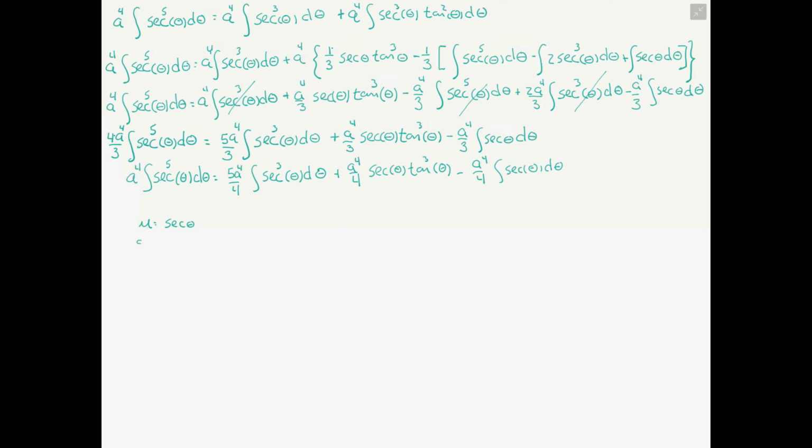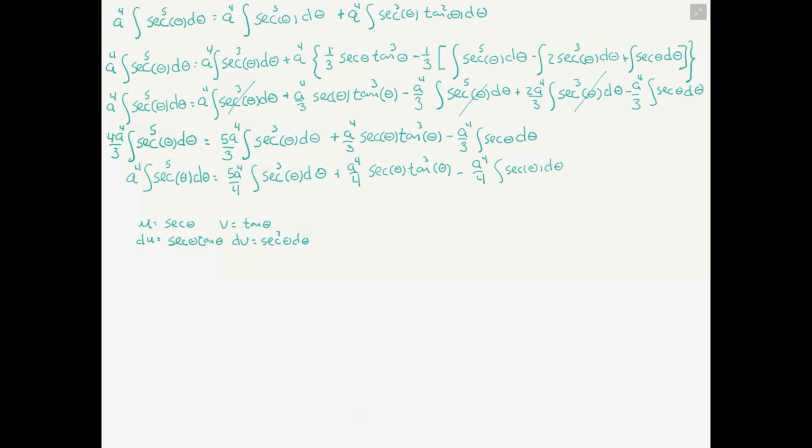Now, basically, I'm going through the solution for secant to the third theta. Just to do this correctly, I know that we've solved this before, but I want to show you again. It can't hurt.